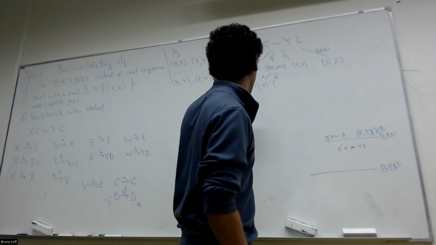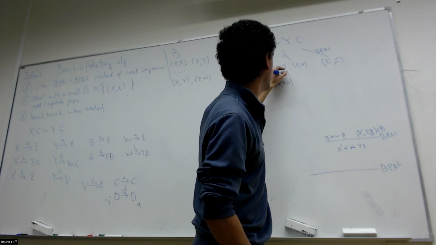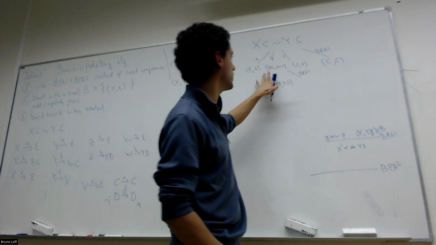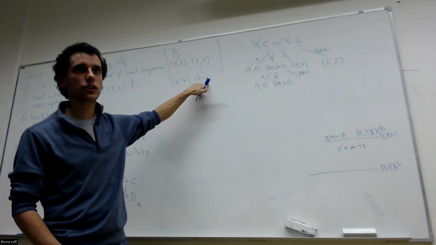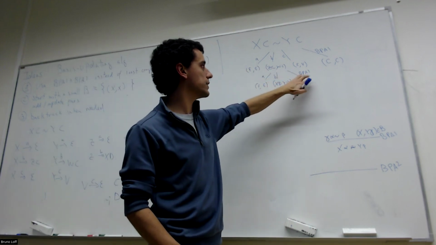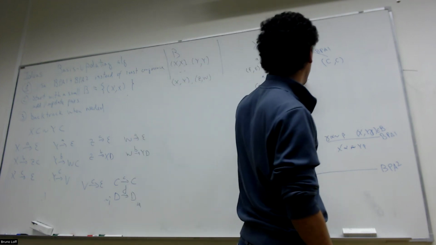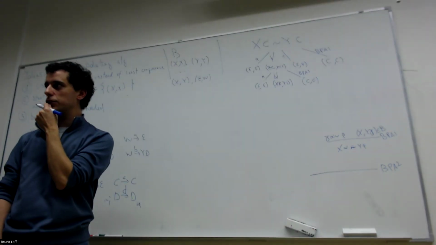And one goes to XD, the other goes to YD. And I'm not done yet because this was just asserting that this is still a bisimulation. But I still need to apply the BPA1 rule that I wanted to apply, right? And then this gives me 16. Okay, so far so good.